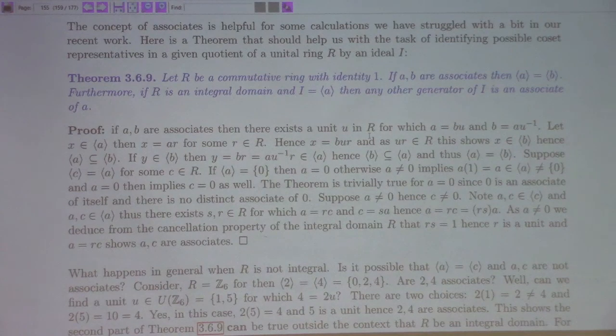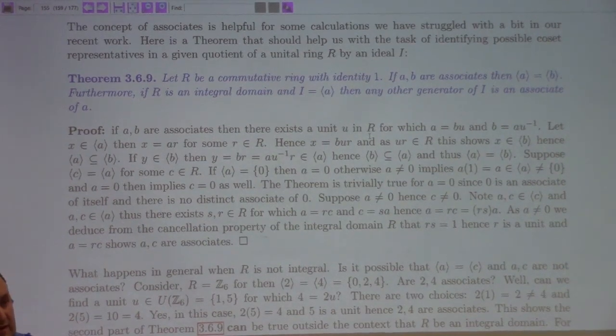So if you're looking at an ideal in a ring and want to find all possible generators for it, you find one, and then you find the units for the ring, and multiplying your given generator by those units, you will obtain all associates of the generator, which are all possible generators for that ideal.